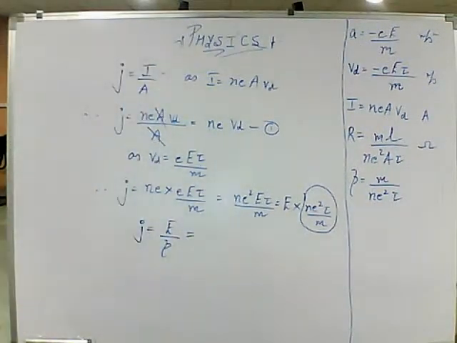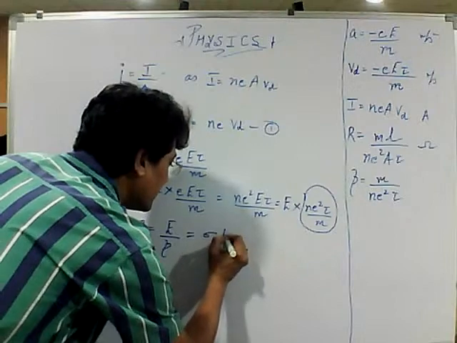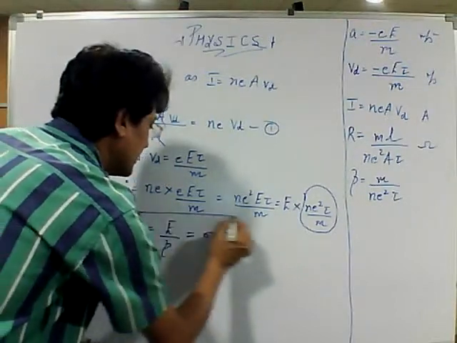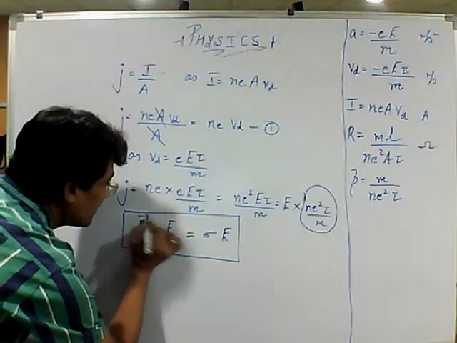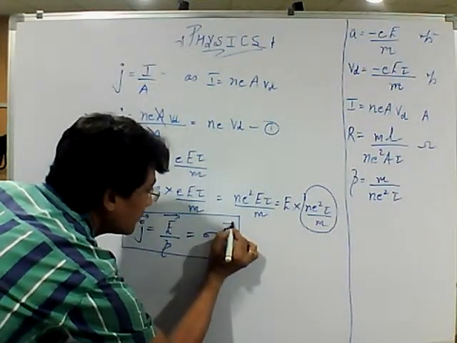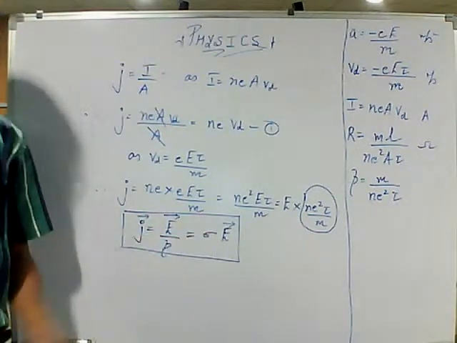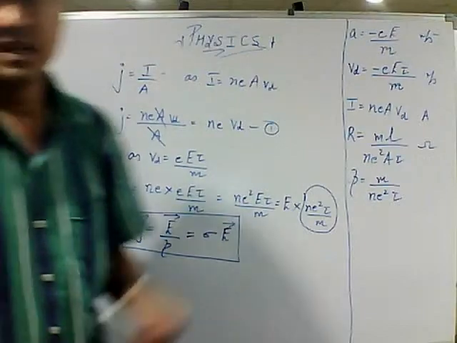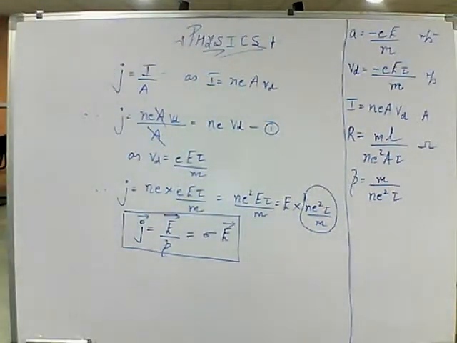So I can write it also as conductivity into electric field. And as we know it is a vector quantity, so I can take vector signs over here, that is, the direction of current density is the same as the direction of electric field. Is it clear to all the students? Please see if this part is very much clear to all of you.